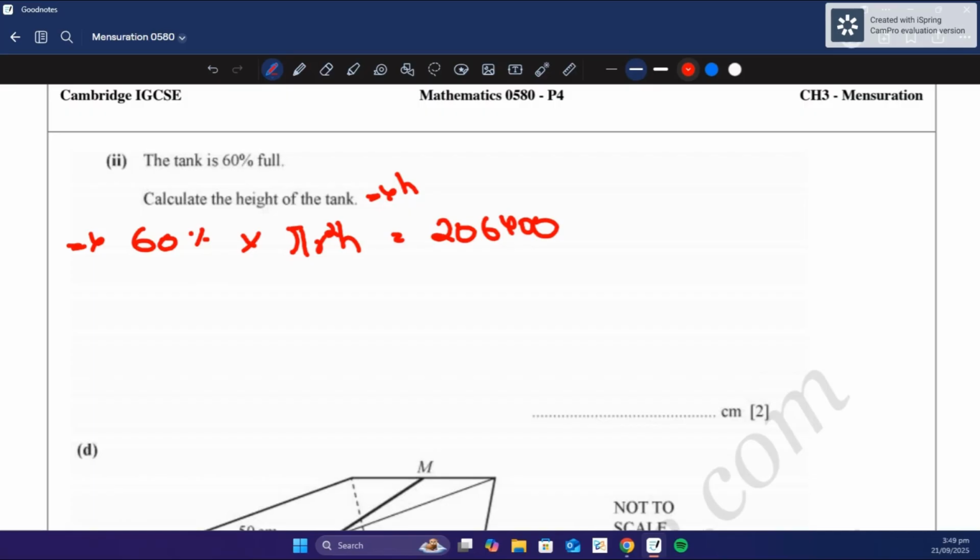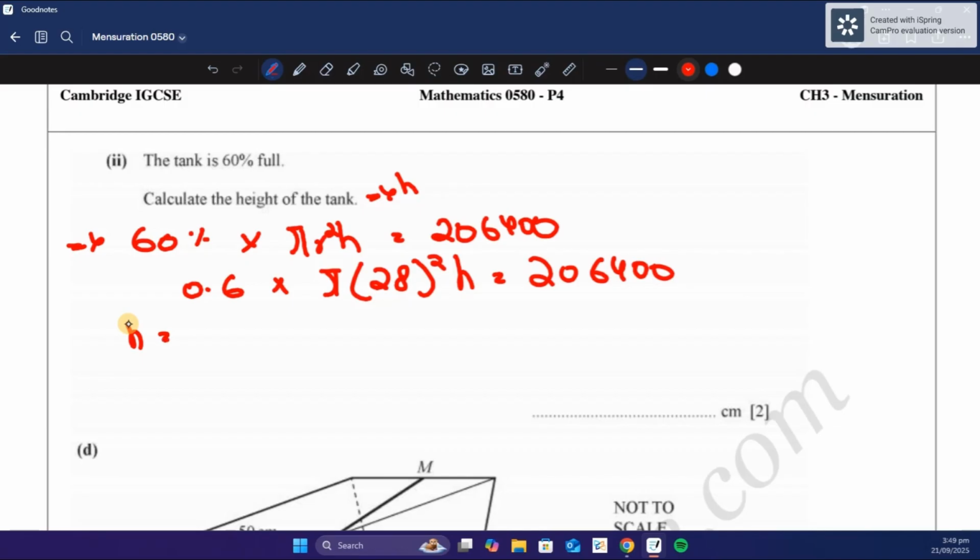Then 60% would mean 0.6 into pi into 28 squared into h is 206400, and if we further simplify, this would give us h equals 206400 divided by 1476, which would give us 139.8, and this would be rounded off to 140 centimeters.